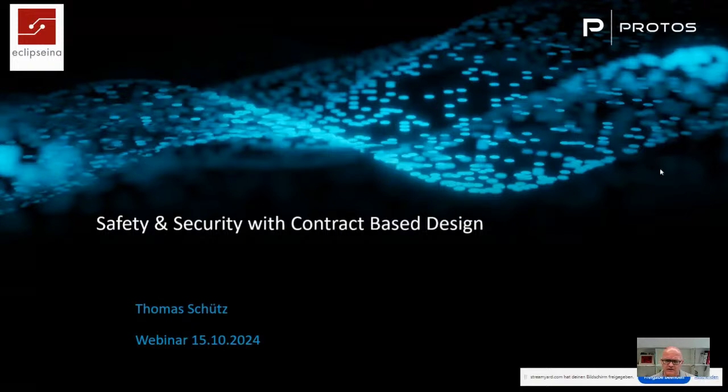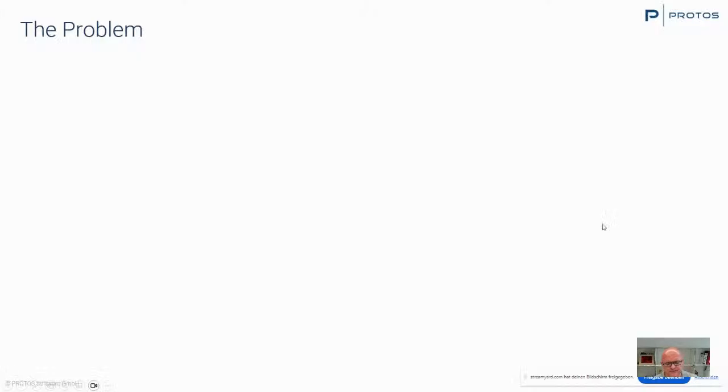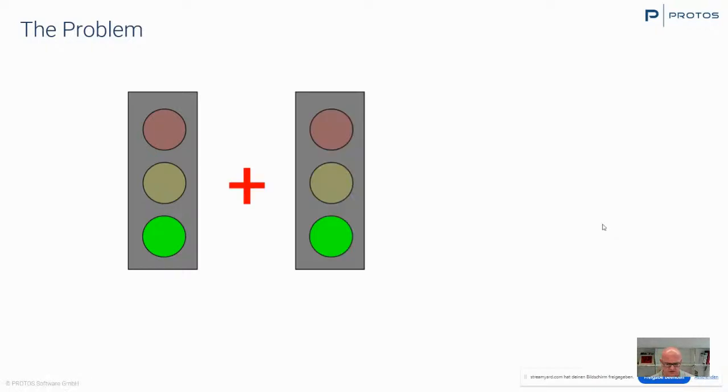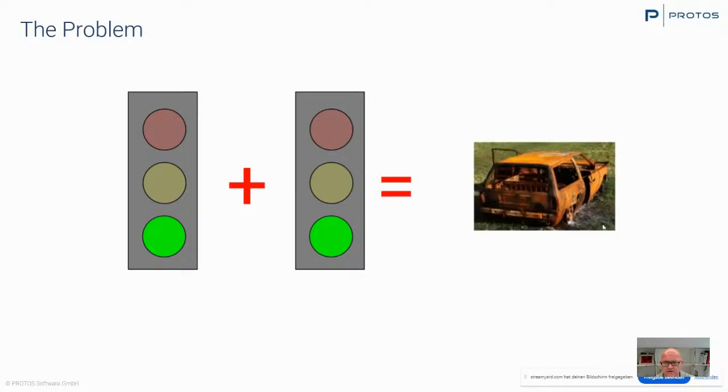So now let's get started with the meat. What's the problem? Imagine you have a traffic light, a pedestrian crossing, for example, or a crossing in a street. If both directions of the traffic lights show green, this might cause some trouble.